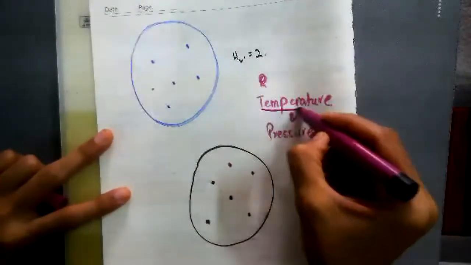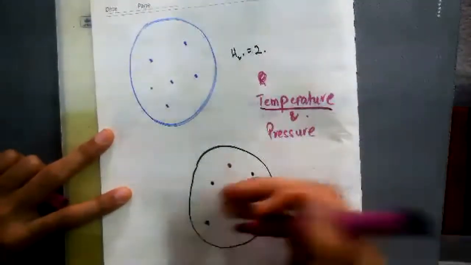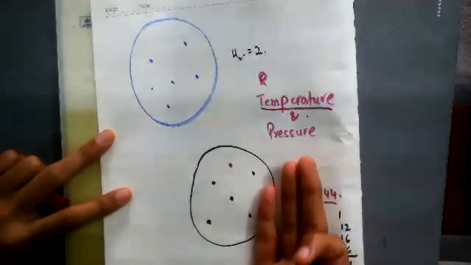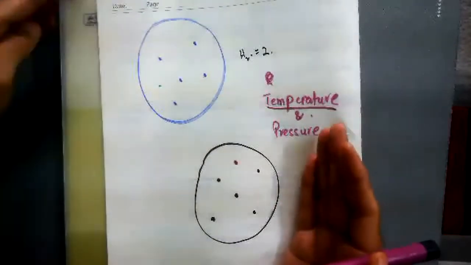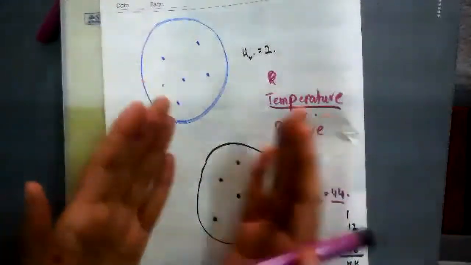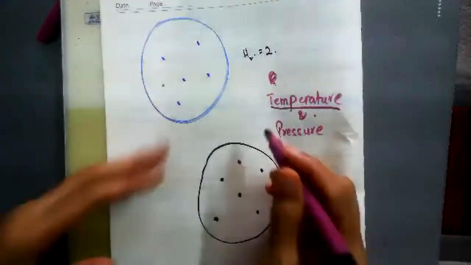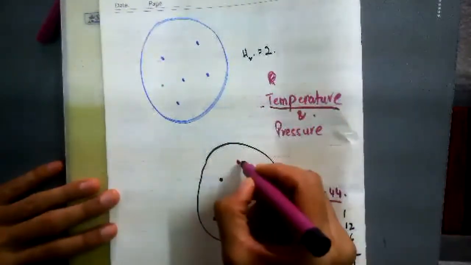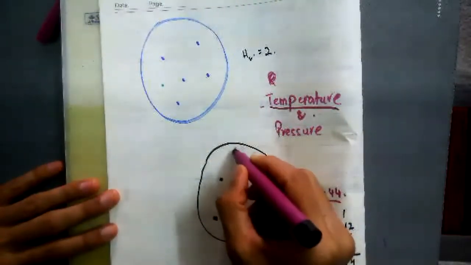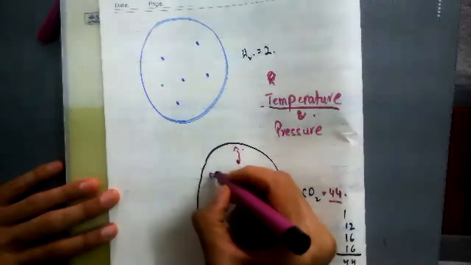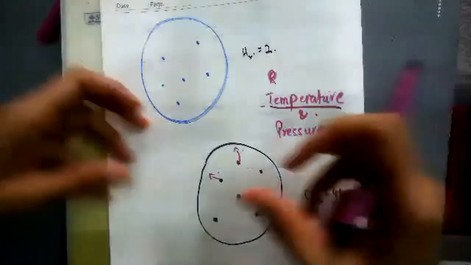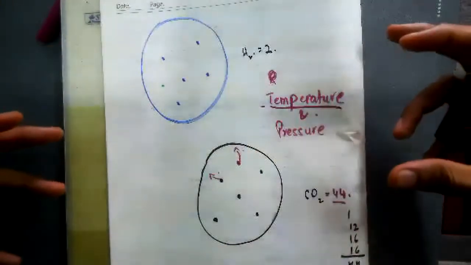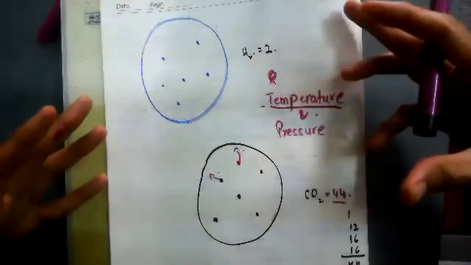Now, what is temperature doing? What is temperature? Average kinetic energy, right? The more the temperature, the more they will jiggle and move away from each other. So temperature will try to increase the distance between them. The more vigorously they collide, the farther away from each other they move, and so they will occupy greater space.